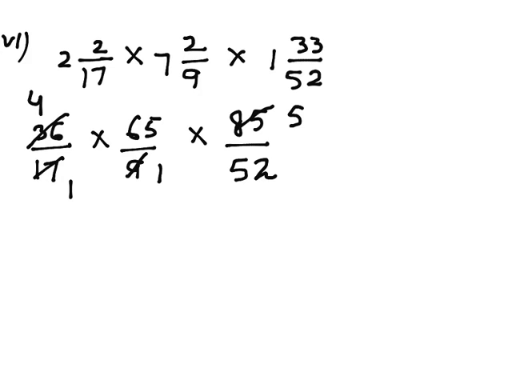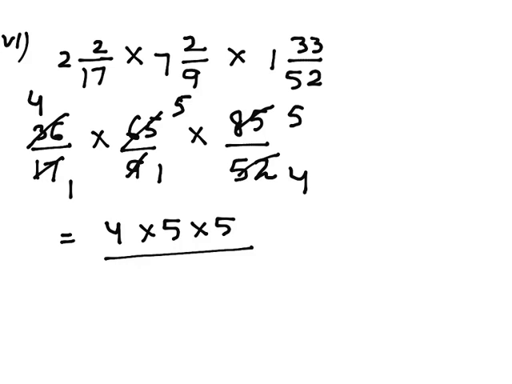And 65 and 52 have 13 as a common factor. So 13 times 5 is 65 and 13 times 4 is 52. So we are left with 4 times 5 times 5, and in the denominator we have 1 times 1 times 4. Here 4 divided by 4 is 1. So we are left with 25.